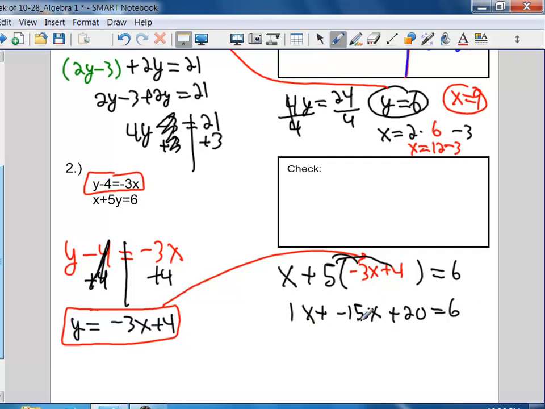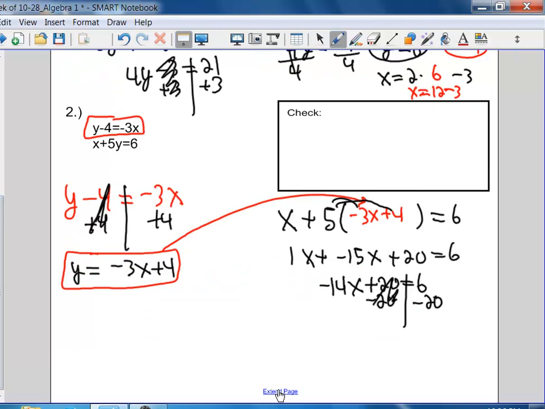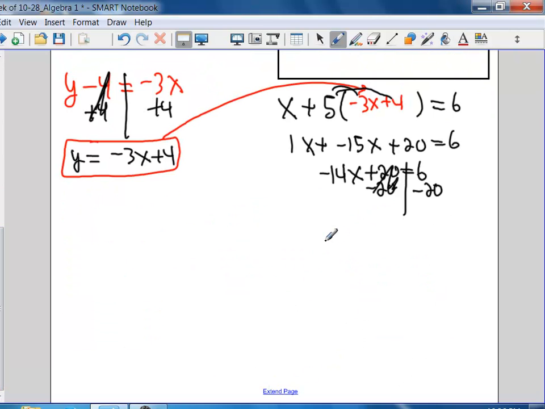This is 1x, and this is a negative 15x, so that's a negative 14x plus 20 equals 6. We're going to have to subtract 20 from both sides. Okay, we're getting somewhere. We're going to now have negative 14x is equal to negative 14.